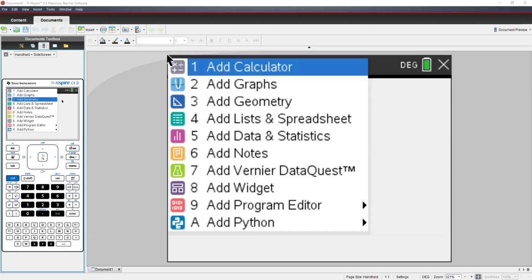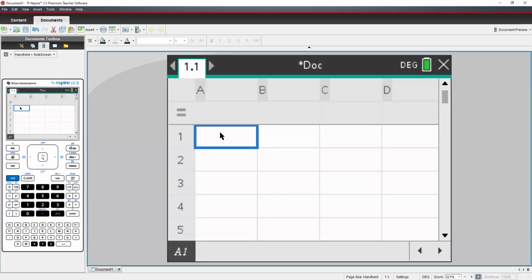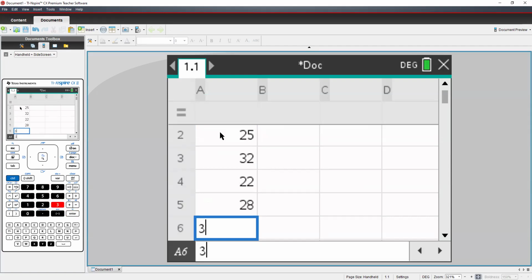All right, so remember, we're going to go to lists and spreadsheets, and then we're going to type in our data. So this is 21, 25, 32, 22, 28, 30, 29, 30, 47, 26, 35, 26, 35, 26, 28, 28, 32, 27, and 40.